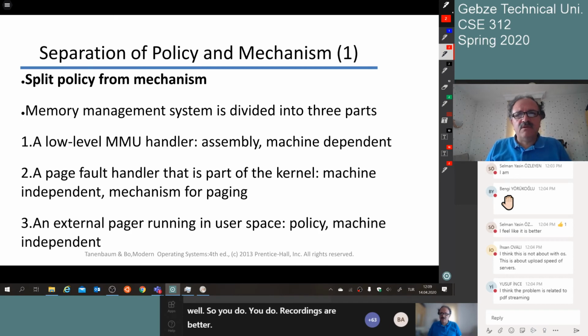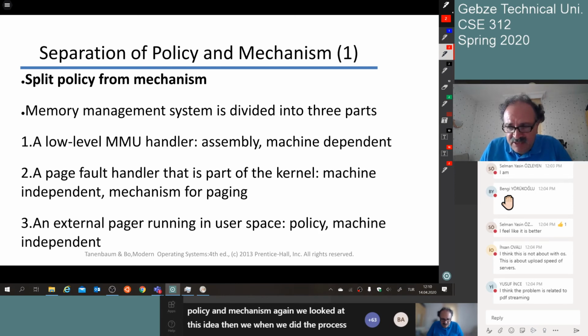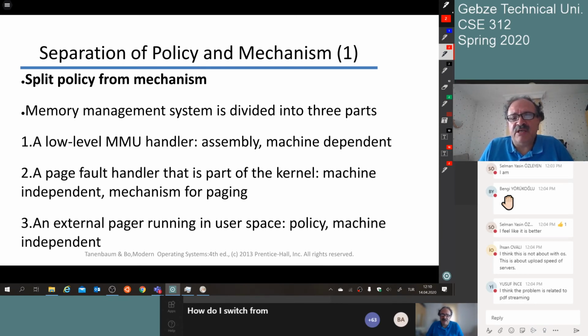Okay, so let's look at this idea of separation of policy and mechanism again. We looked at this idea when we did process scheduling. Remember, process scheduling has two parts. One is the mechanism: how do I switch from one process to another process?